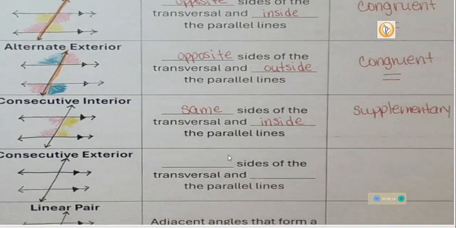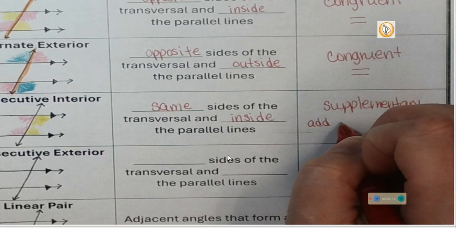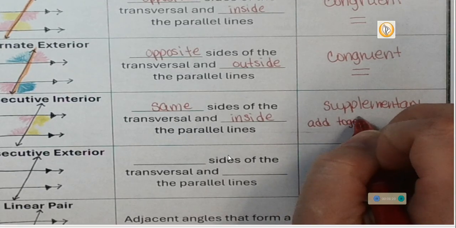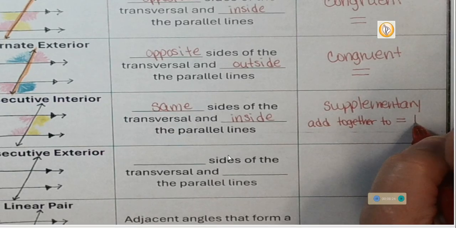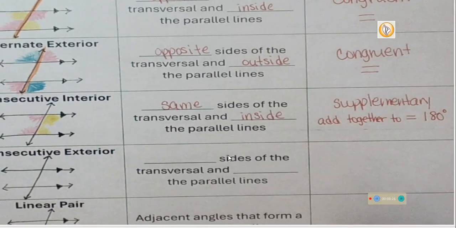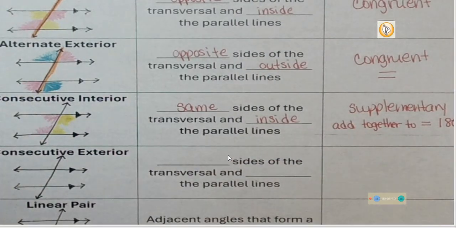And just in case you can't remember, supplementary means add together to equal how many degrees? 180 degrees. So this plus this equals 180.